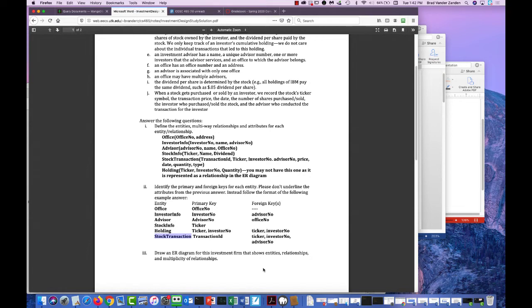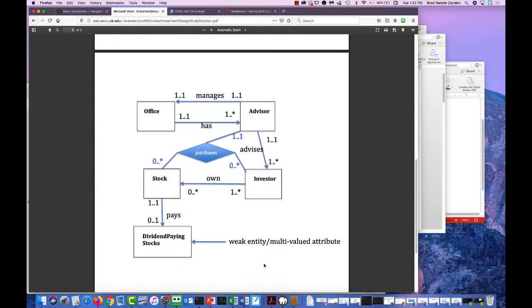Yes? So in the solution, what is the one-to-one relationship for the advisor? So I think there, when I did it, I was assuming that the person's advisor always made the purchase for them.